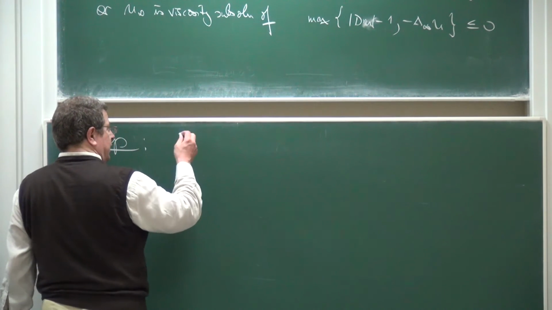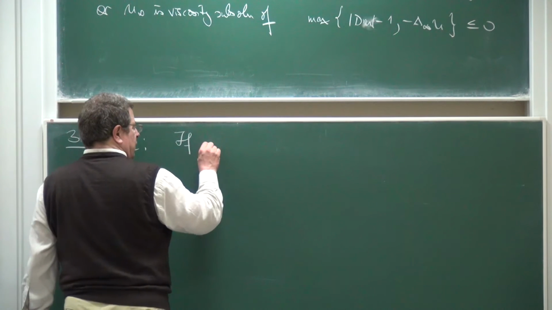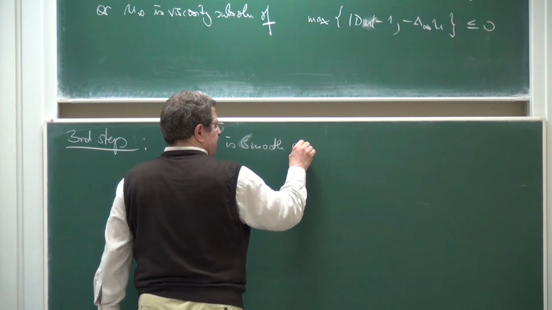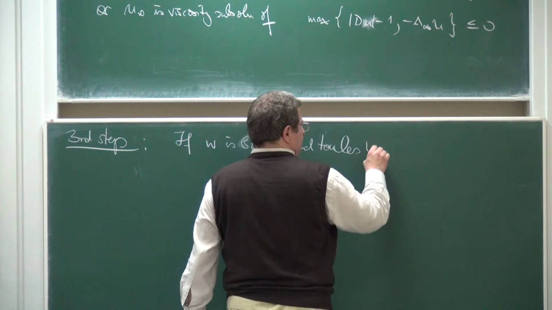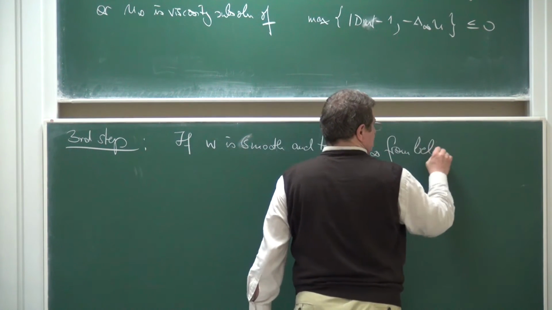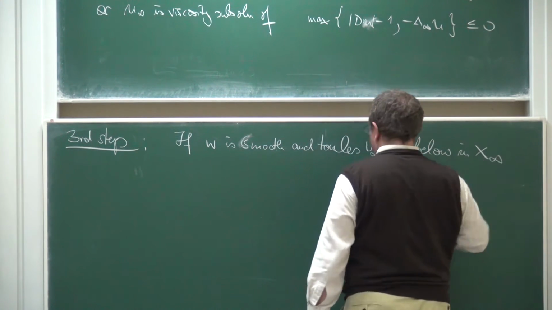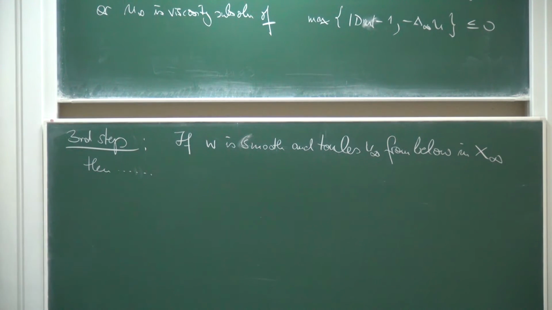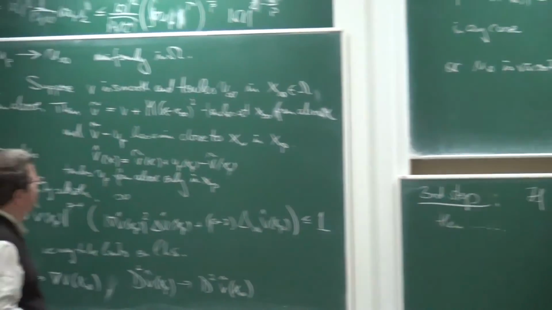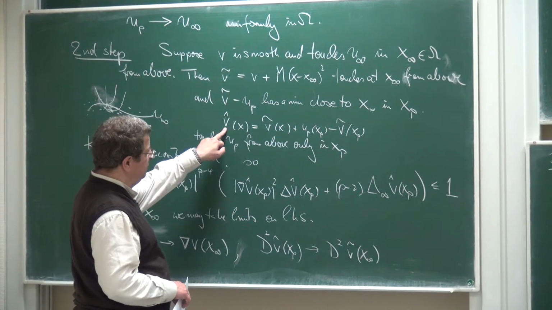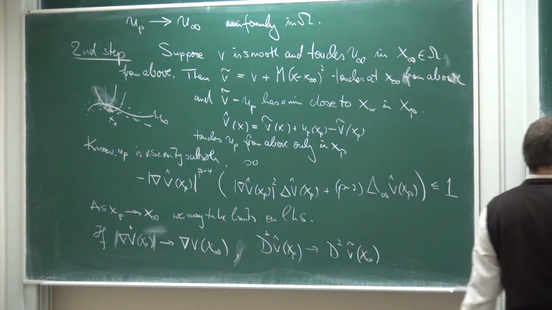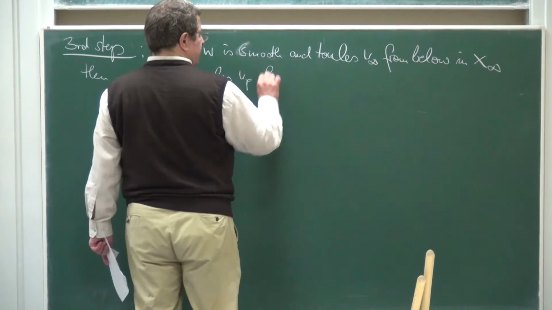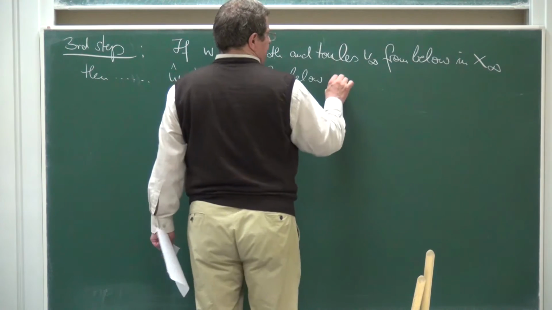You take u infinity and take a test function W. If W is smooth and touches u infinity from below in x infinity, then, more or less a modification of the function W, W hat, touches up from below in the point xp.